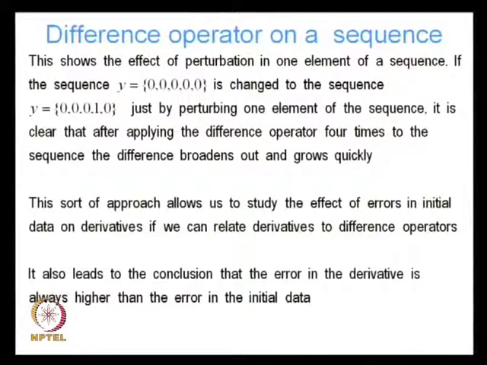So this tells us why, in any numerical method, if you look at the derivative, the error in the derivative is always higher than the error in my original variable. For instance, many of you are familiar with the finite element method, where the primary variable is the displacement. We look at the results of the solution, the displacements, the strains, the stresses.